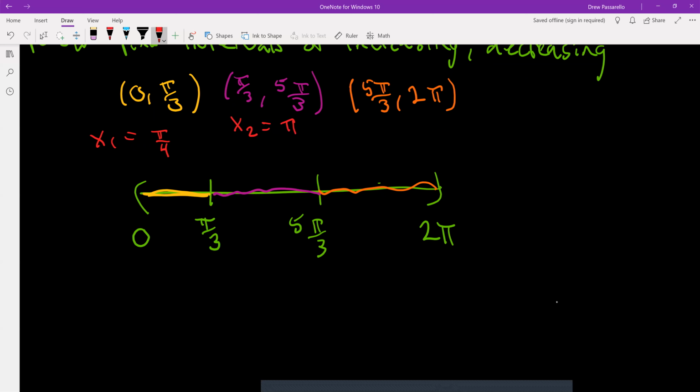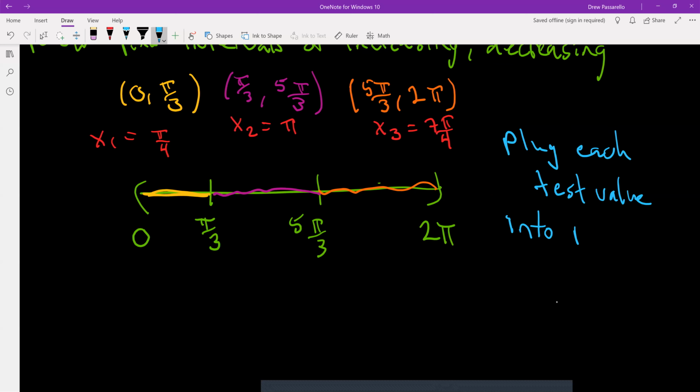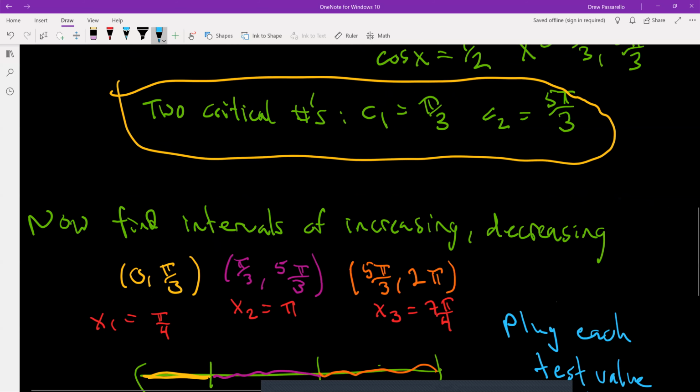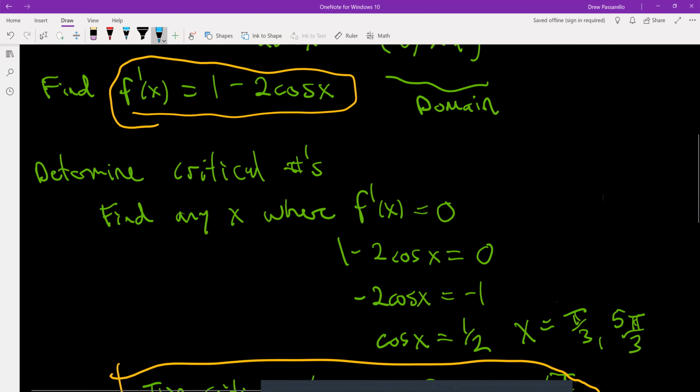And then a value that's in between 5 pi over 3 and 2 pi, 7 pi over 4. All right, now plug each test value into the derivative. And that's where I circled the derivative was 1 minus 2 cosine x.